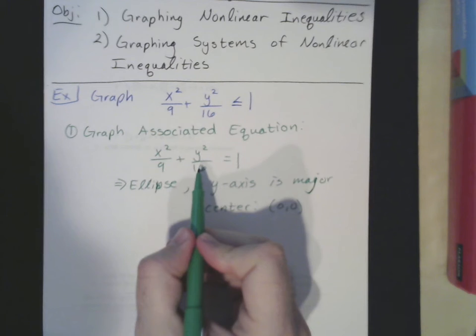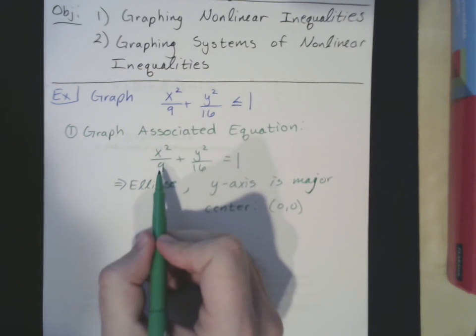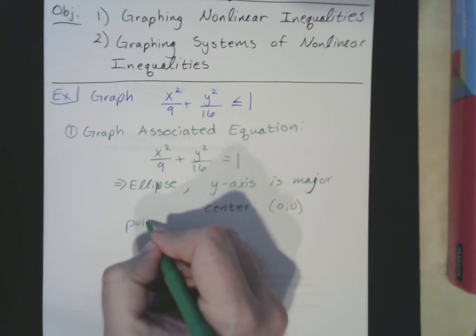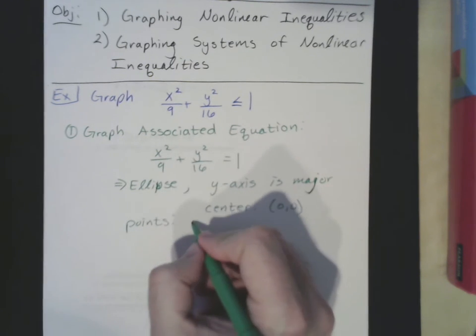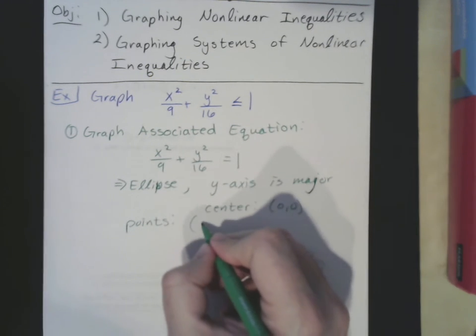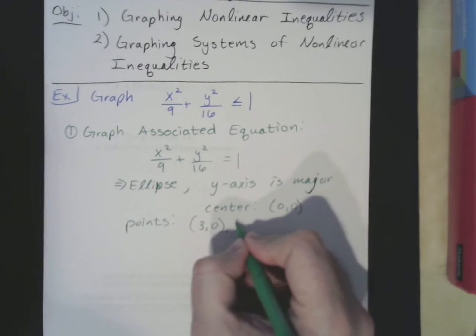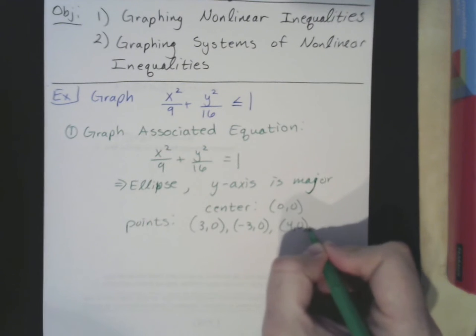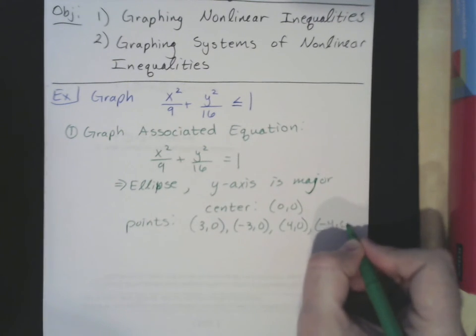And then we go out square root of 16 and square root of 9 in the x and the y direction. So our points, our vertices, so to speak, are 3, 0, negative 3, 0, 0, 4, and 0, negative 4.